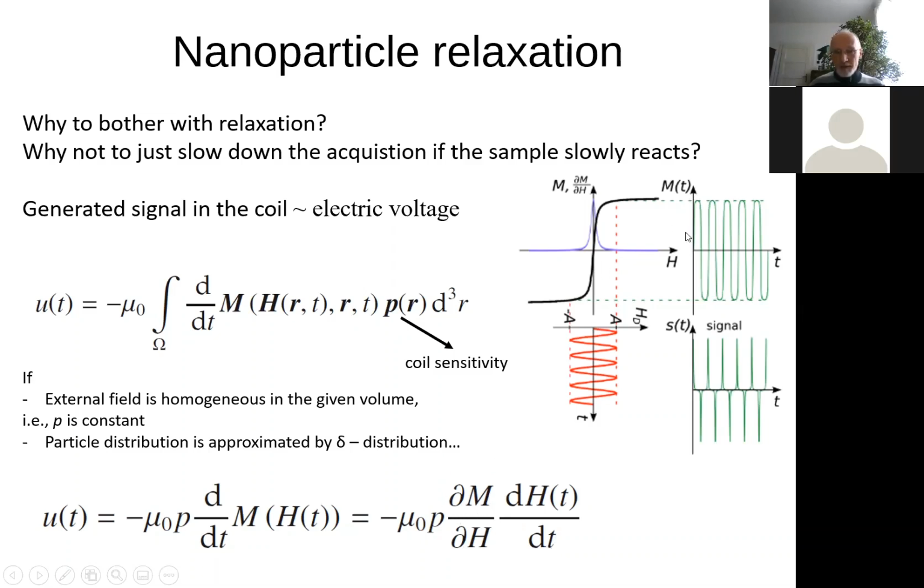So to obtain a signal which is measurable, I need to have high frequency, or fast changes, of the alternating drive field. Therefore, the relaxation processes are important for us, and it's not possible to just slow down the acquisition.